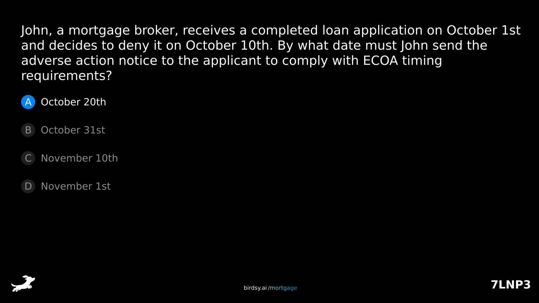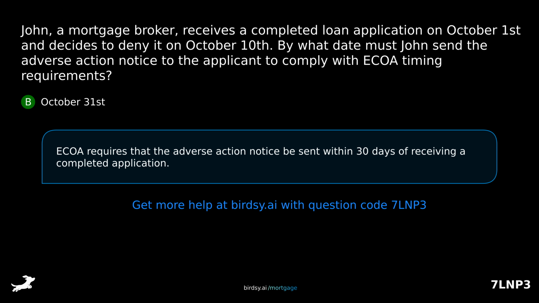Is it A, October 20th, B, October 31st, C, November 10th, or D, November 1st? The answer is B, October 31st. ECOA requires that the adverse action notice be sent within 30 days of receiving a completed application.